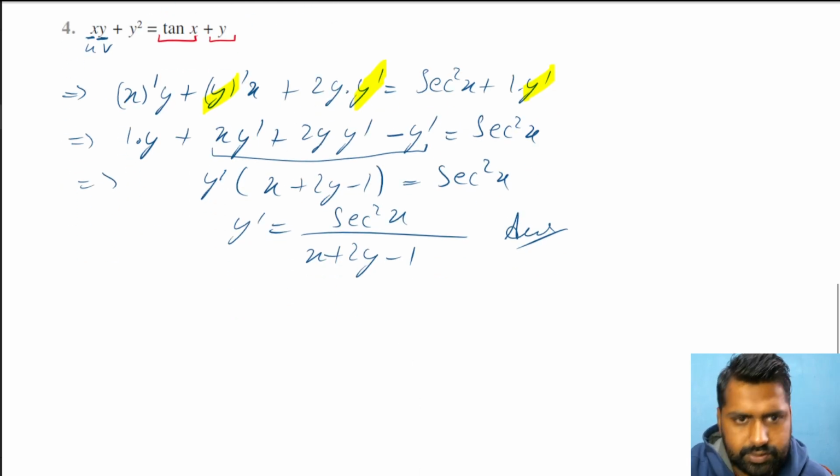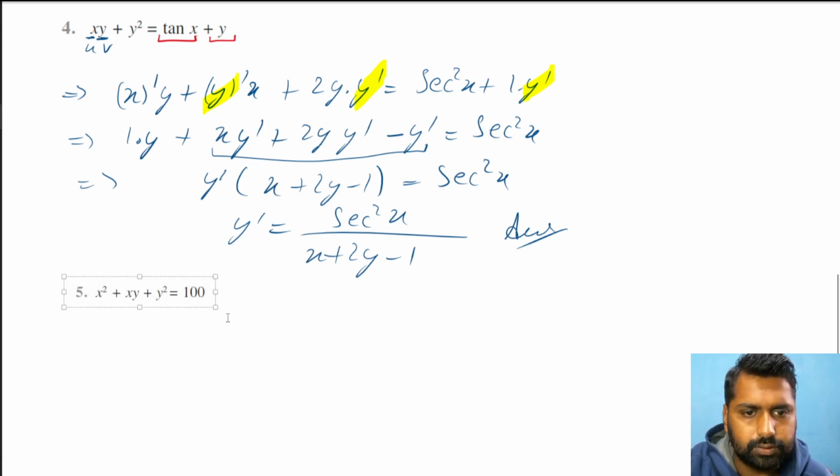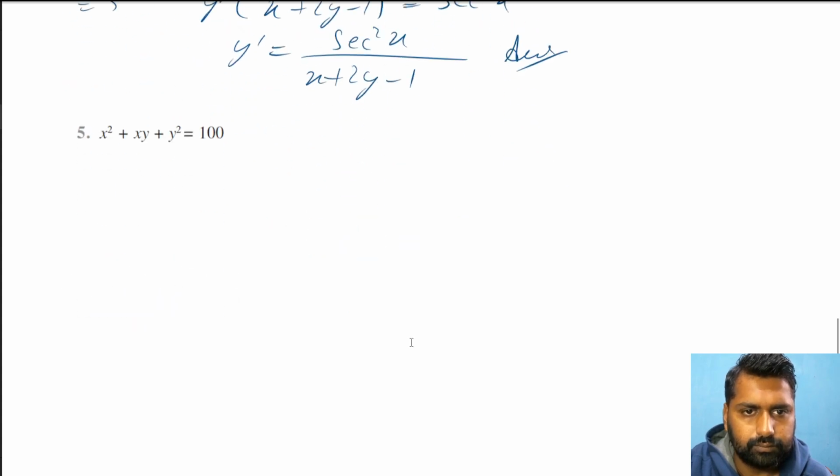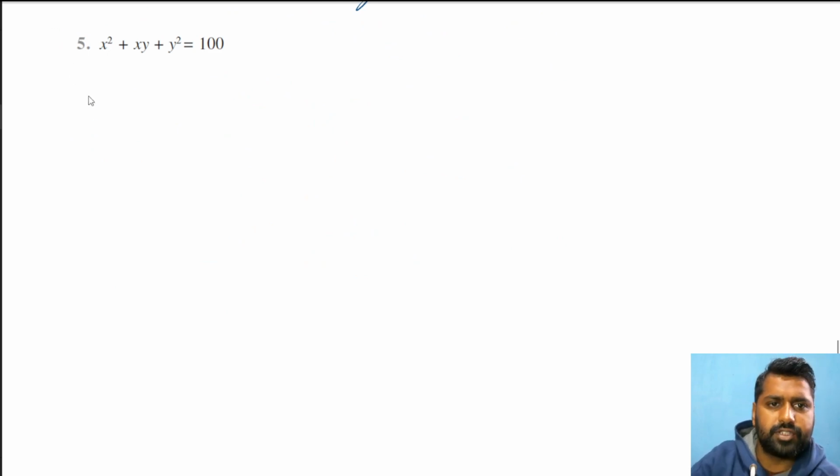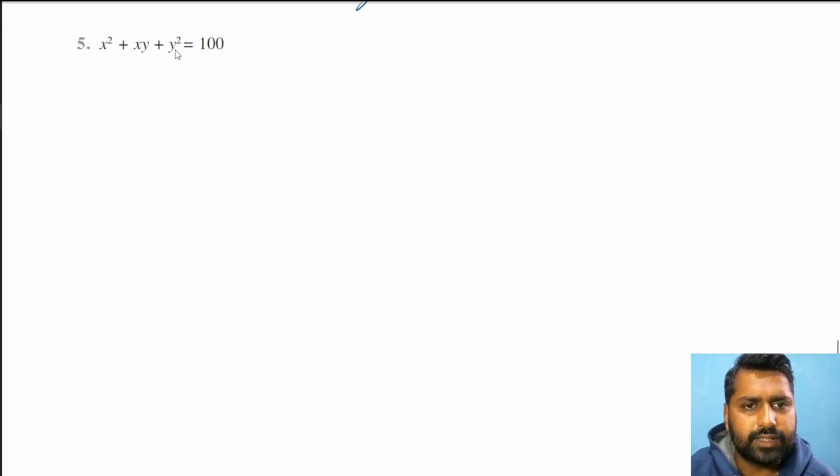Let's look at the next question. All right. Fine. Let's differentiate. X square, xy, y square. X square normally, y square normally.